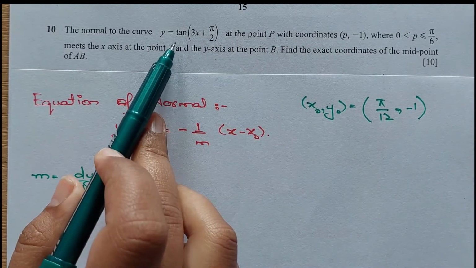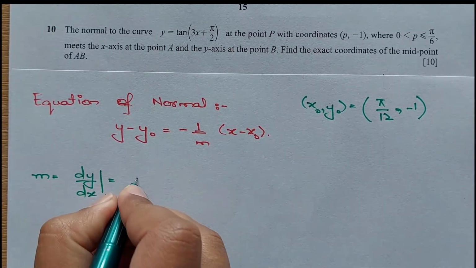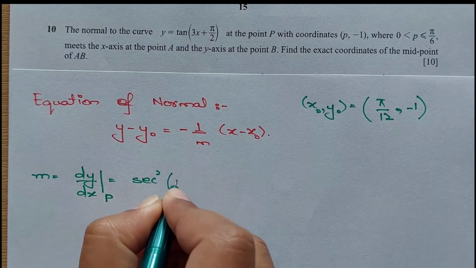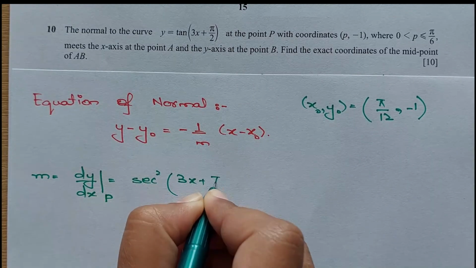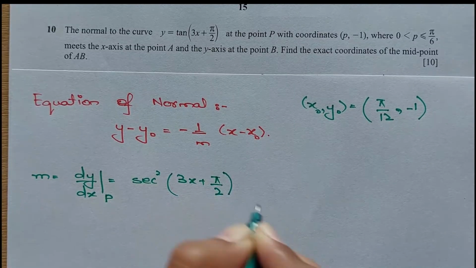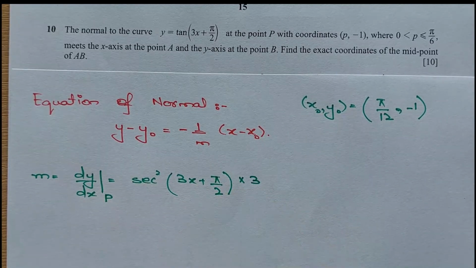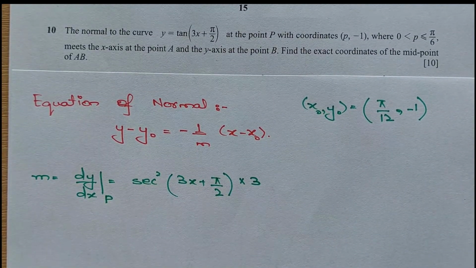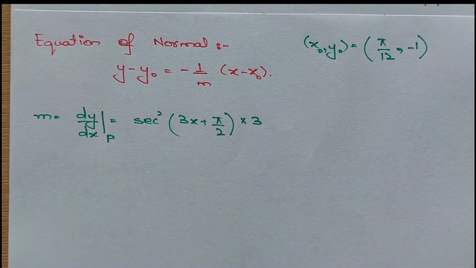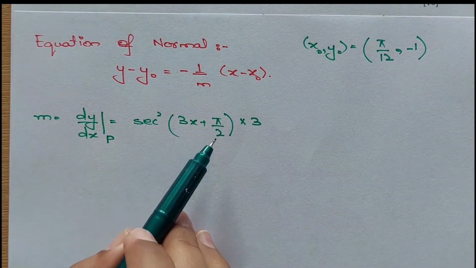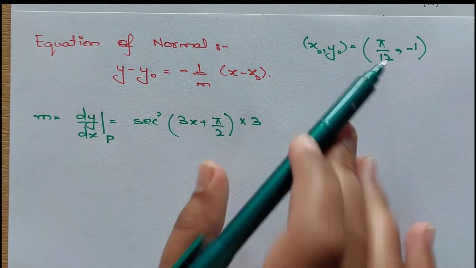So the derivative of tangent is secant square of 3x plus pi by 2, and the derivative of 3x plus pi by 2 is just 3, right? Now putting the value, that is pi by 12. Substituting the point P, the x value is pi by 12.